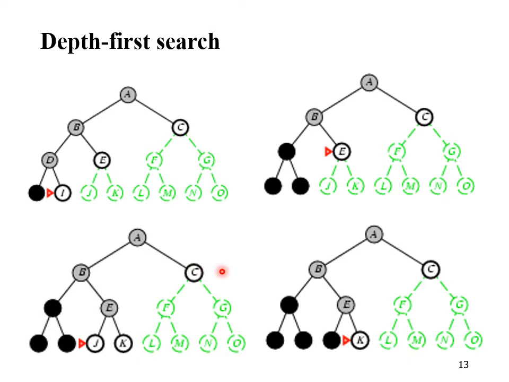Then C will be on the top, and after visiting C, we will explore its nodes F and G, and F will be on the top.